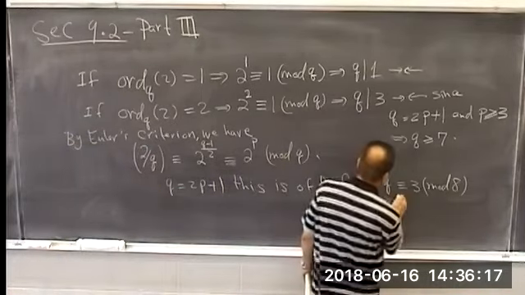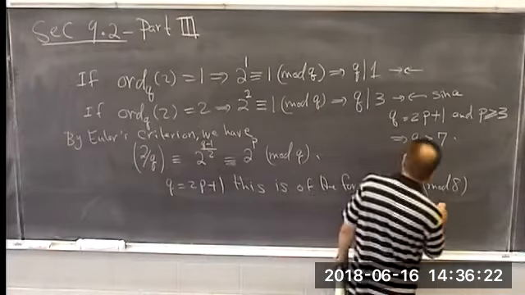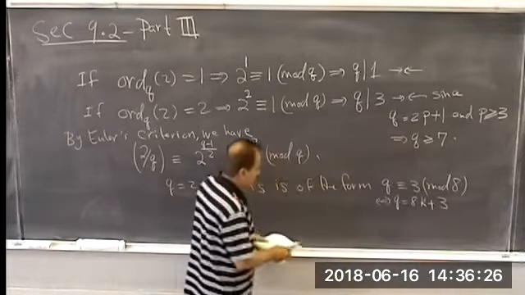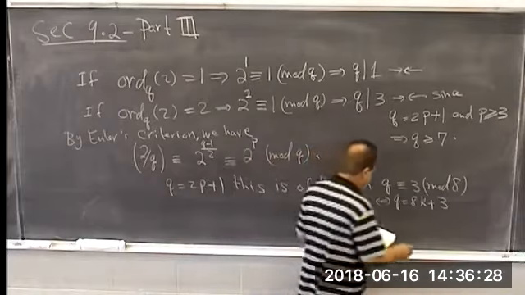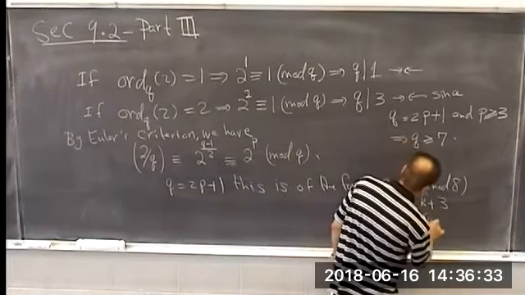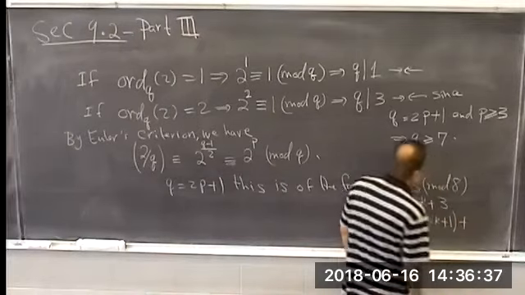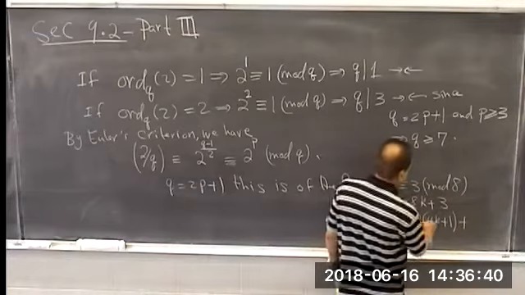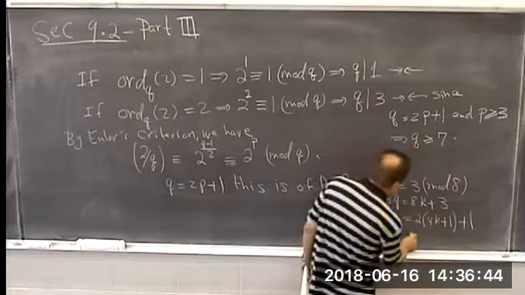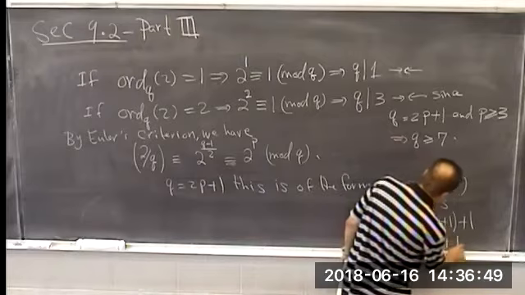Remember that this means that q is going to be 8k plus 3, and we can write this as 2 times (4k plus 1) plus 1. This means we have 8k plus 2 plus 1, and this is, of course, 2k prime plus 1.